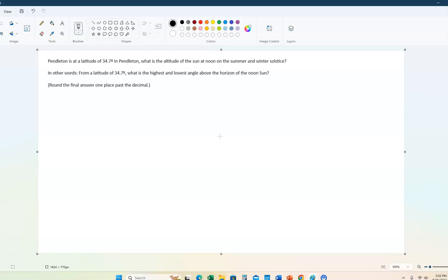It's fairly simple. So for the first day of summer, the angle of the sun at noon when it reaches the highest point in the sky is going to be 90 degrees minus the latitude of Pendleton, which is 34.7. And then since it's summer, it's plus 23.5.